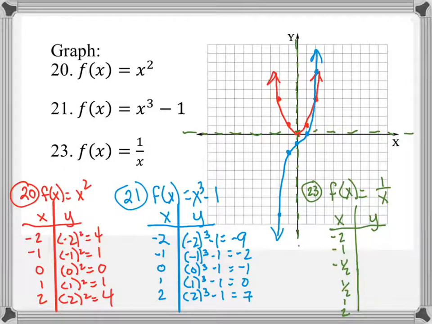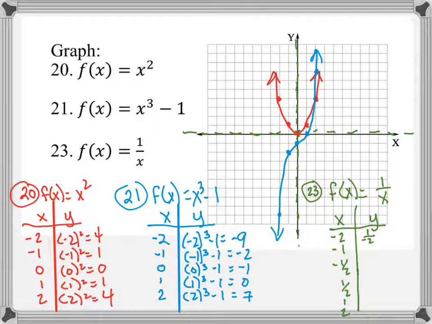Now I know that 0 is not going to be a value I'm going to use because there's an asymptote on the y-axis, but if I were to choose 0, I'd have to evaluate 1 over 0, which is undefined, hence the asymptote. But I'm choosing -2, -1, -1 half, 1 half, 1 and 2.